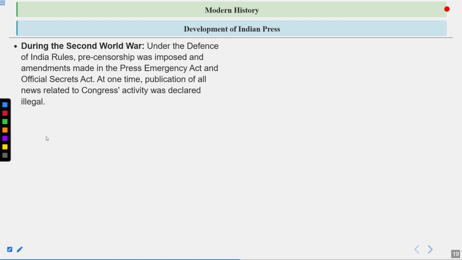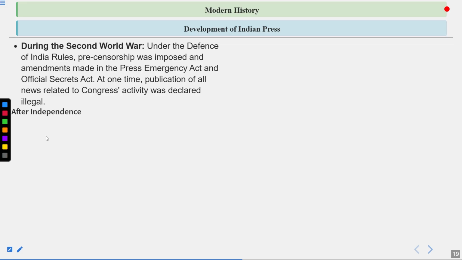Because of this a lot of chaos arose, and the Britishers did not want anything done against them. That is why they introduced censorship, and if anything related to Congress was published, the newspaper could be called illegal.